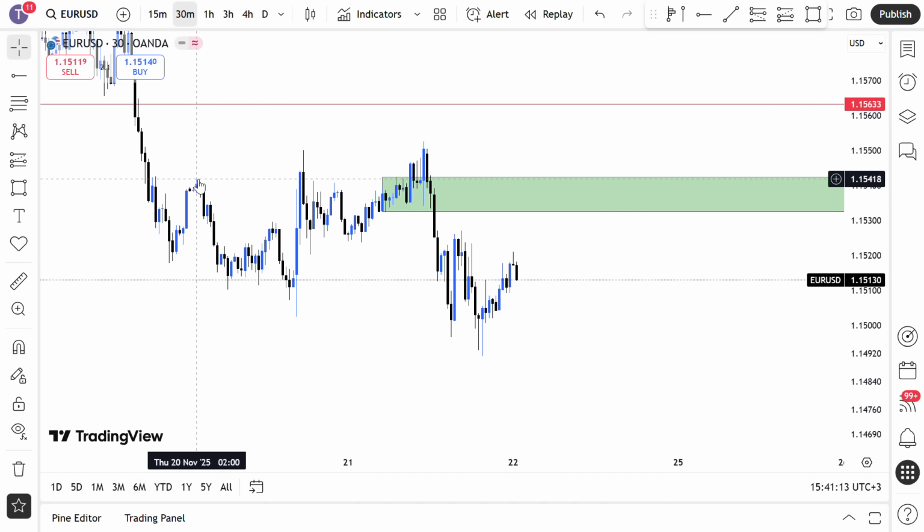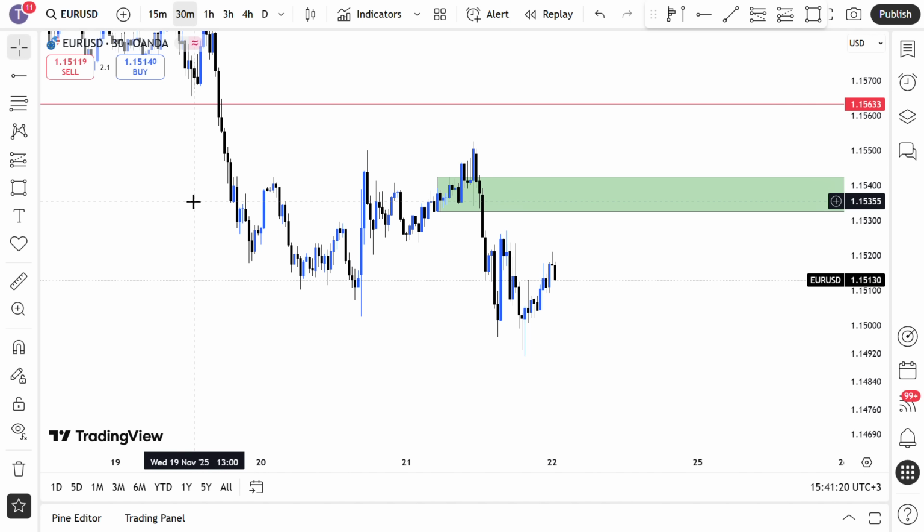You can see this high being used as liquidity. From my analysis last time, I think on Wednesday, I tried to post a signal on my group, and I was expecting some selling pressure from this point, but the area was used as liquidity.